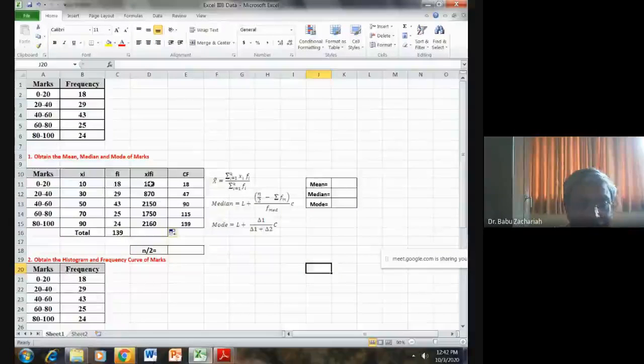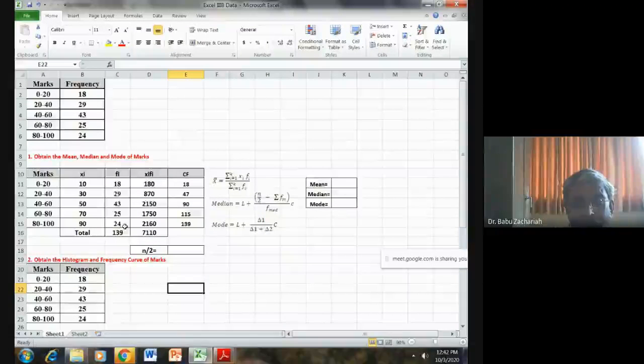The first one is x1 f1, second x2 f2, third x3 f3, fourth x4 f4, fifth x5 f5. Take the sum of all this, and the total of the frequency is already calculated here.